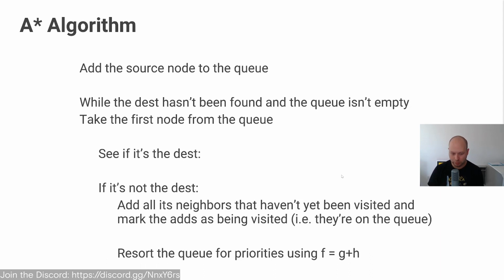And again, the queue priorities are defined by this heuristic function. Sorry, not the best explanation, but it's the general idea. You basically start at a node, you evaluate it, and if it's not the destination, you throw it out, take its neighbors, stick them into the queue, put it into the visited queue, and then you move on.